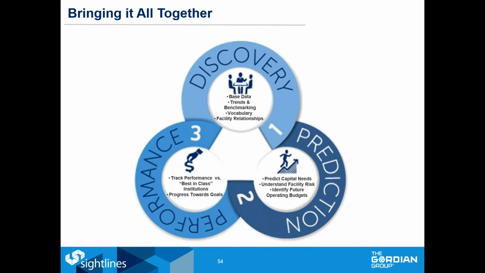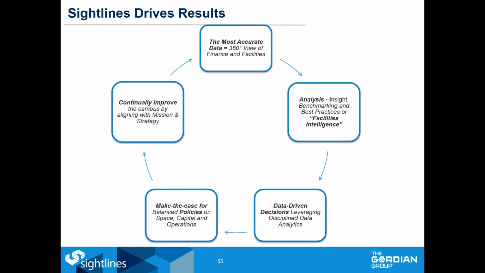So to bring it all together, we just walked through a process of discovery, prediction, and performance. The culmination of all of these three is what makes up our ROPA Plus process. Ultimately, what this does is drive results at an institution. We start on top with the most accurate data about your campus, a holistic 360-degree view of finance and facilities.